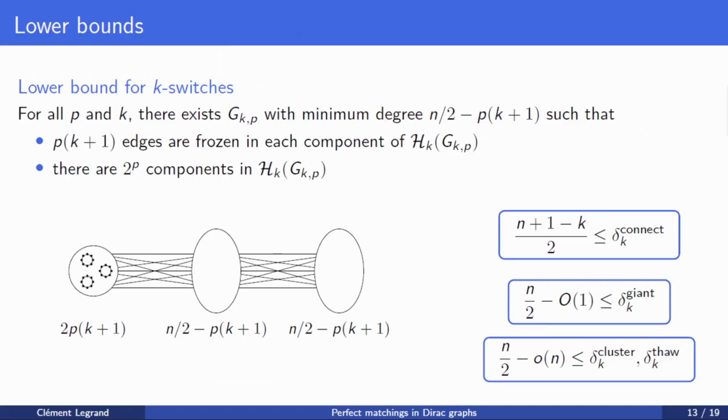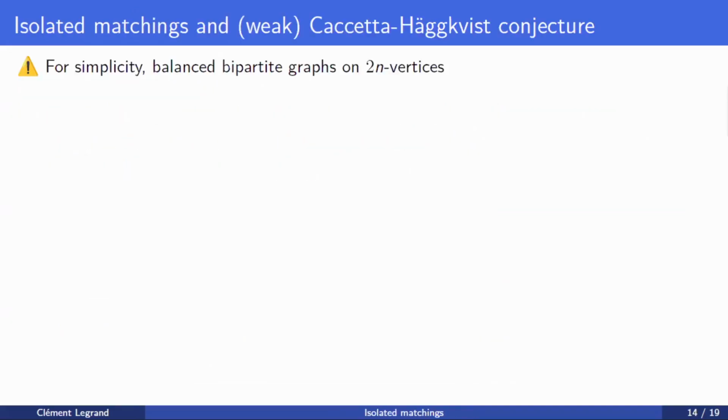If you take p to be linear, then you get the clustering and thawing threshold. And if you take p to be just 1, then you get a lower bound for connectedness. Okay, so this is for all the different thresholds where things happen nicely, let's say.